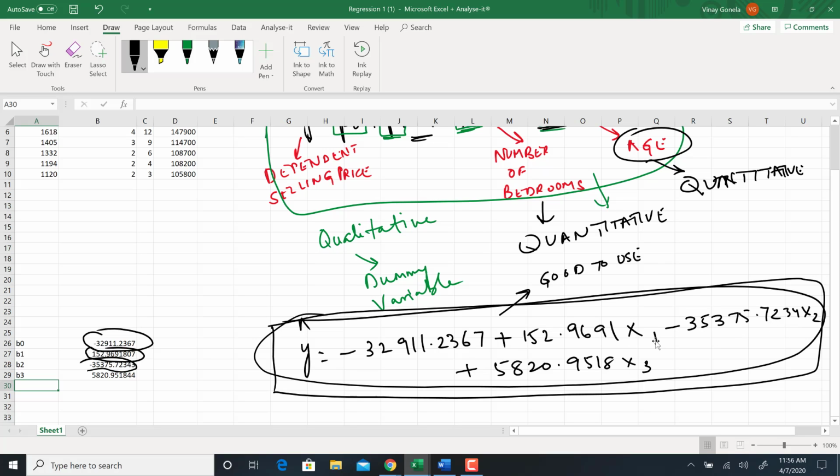So we ask ourselves, is x1 important, is x2 important, which one is important? When I say important, I'm asking is x1 significant, is x2 significant, is x3 significant?